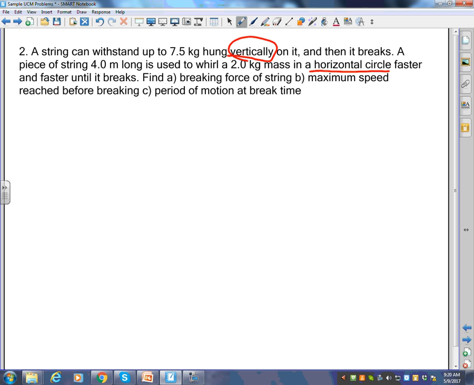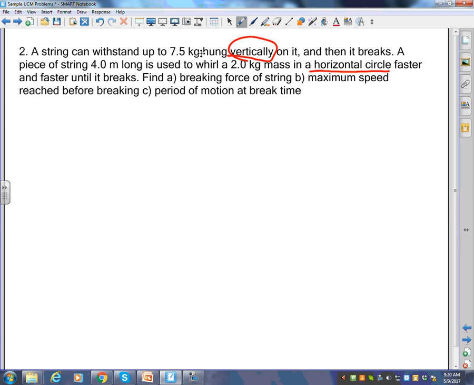So what's going on here? Well, the 7.5 kilograms is the maximum tension that string can withstand. Just like when they call a 20-pound test on a fishing line, or they give you a maximum rating on a chain or a rope, that's what this is all about. So this 7.5 kilograms is the maximum tension allowed in the string, and then it's put into a horizontal circle.